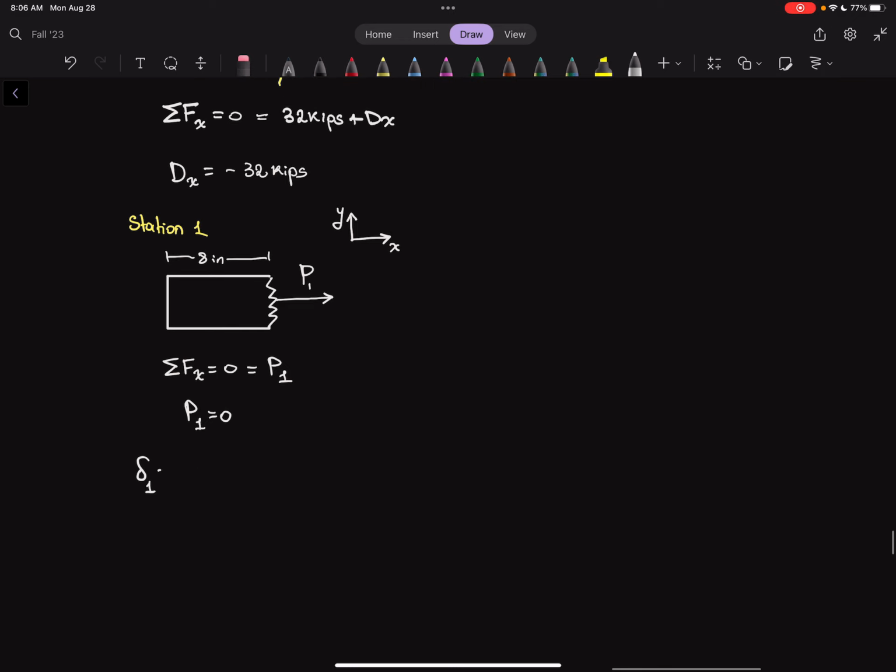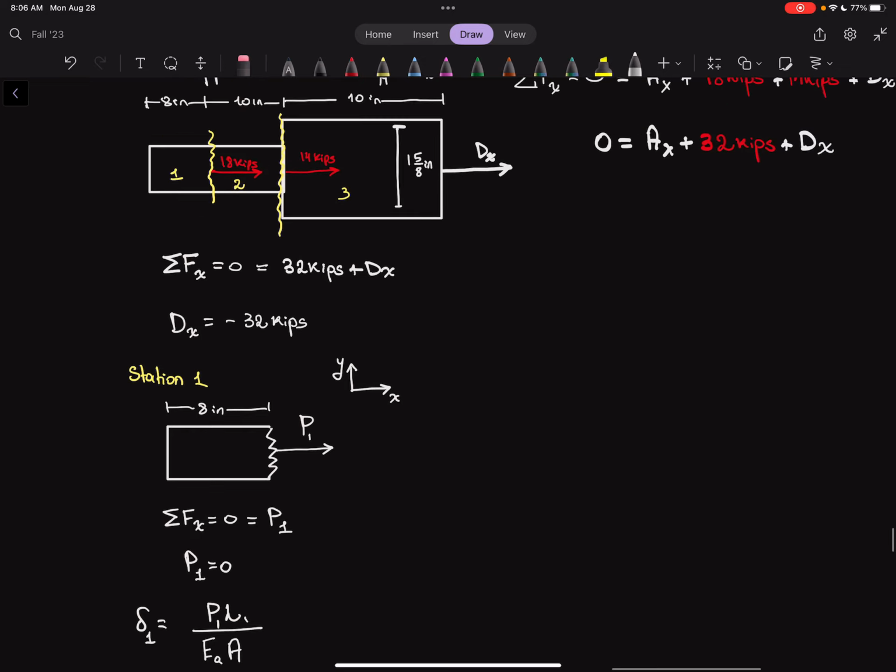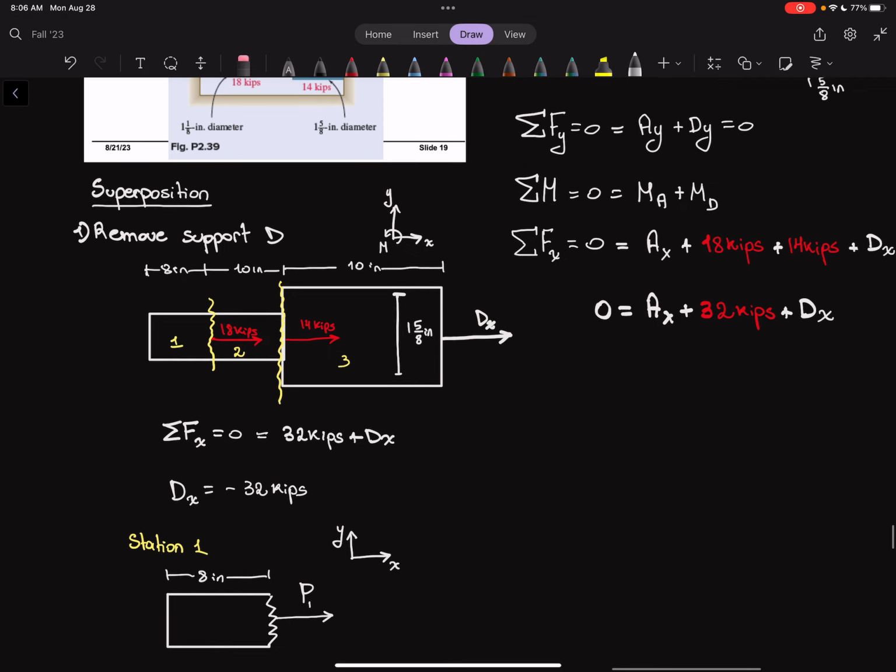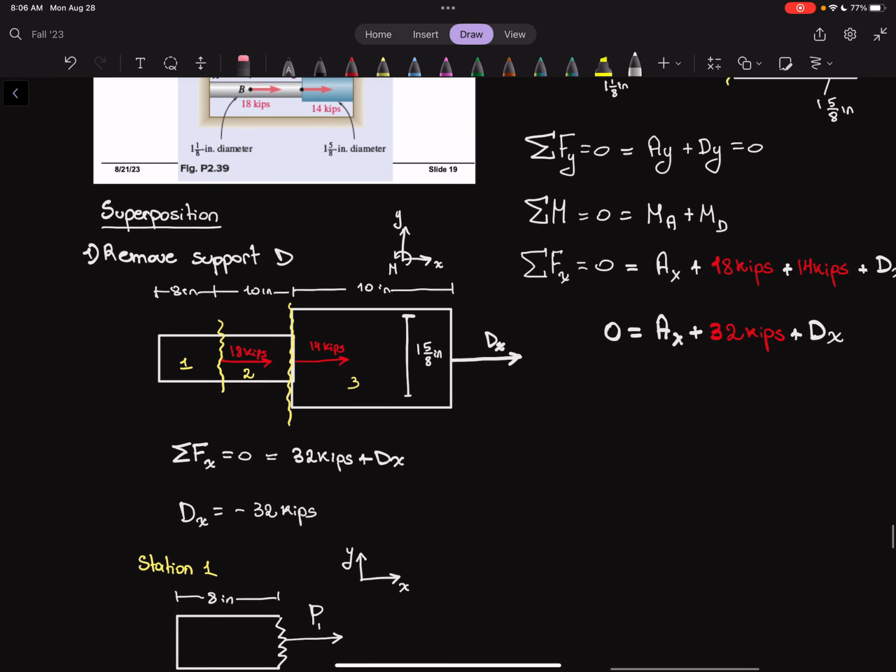Deformation in 1 is equal to what? The load times the length, which we do have, of 1, divided by the A of the aluminum, because that part is made of aluminum, and the cross-sectional area, which I forgot to write the dimension of in both of these free body diagrams, is 1 1/8 inches.